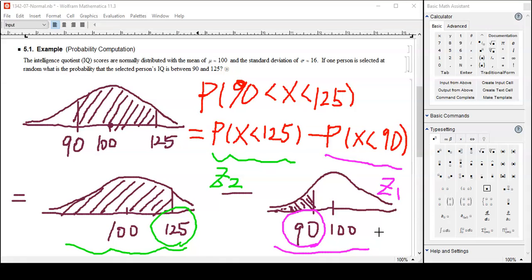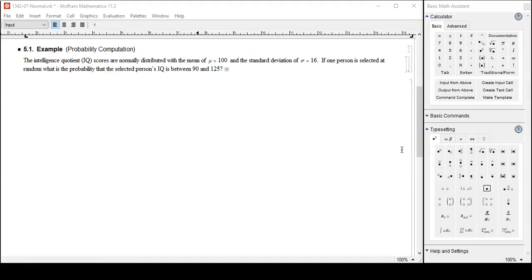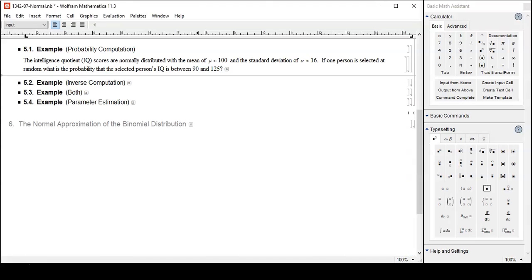You'll have to find out these two z-scores, and then two probabilities, and subtract one from the other. All right, makes sense? Is that a good roadmap? All right, I hope everybody understood. And let's get out of this drawing mode. Okay, we are back.